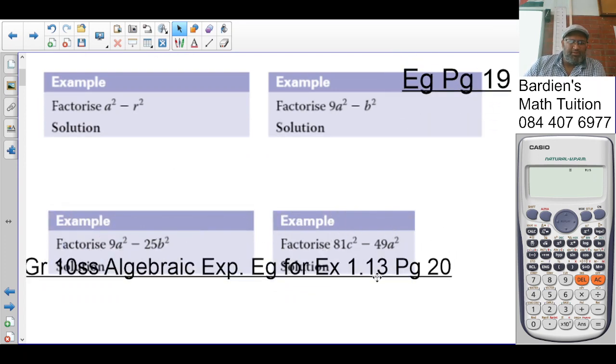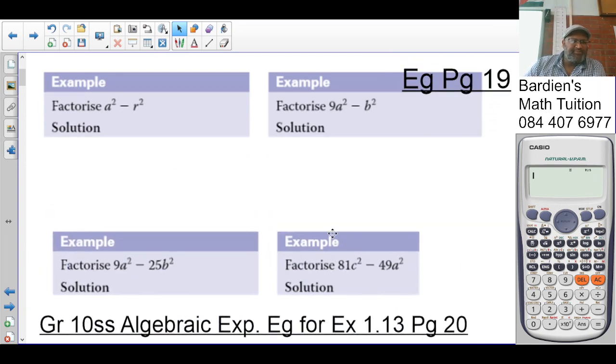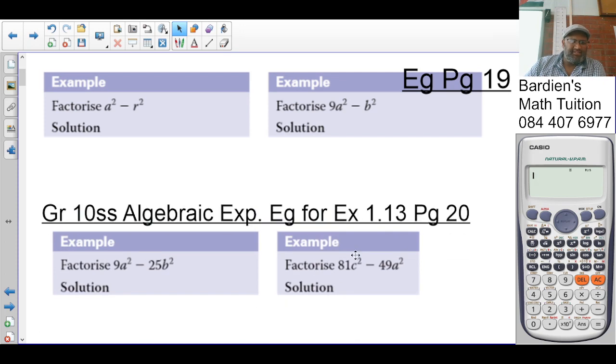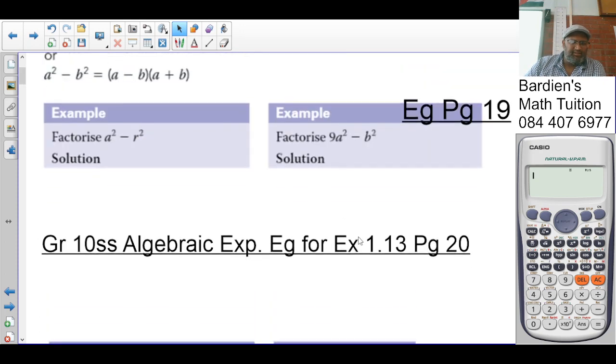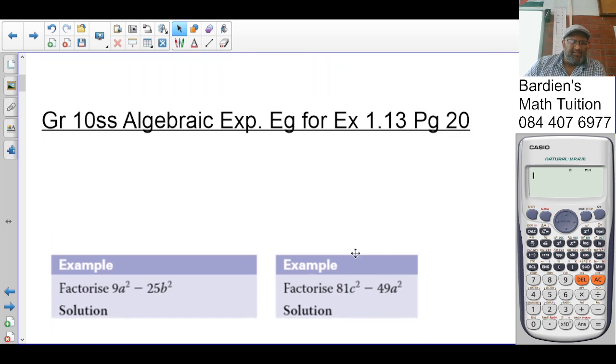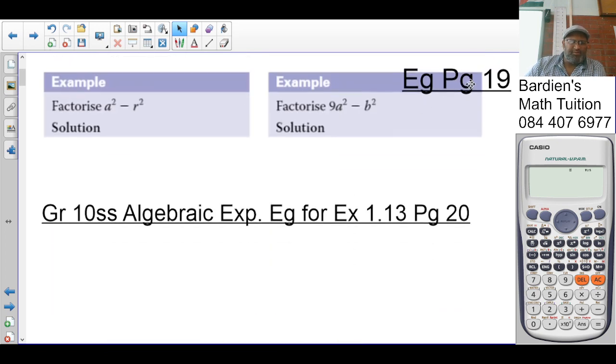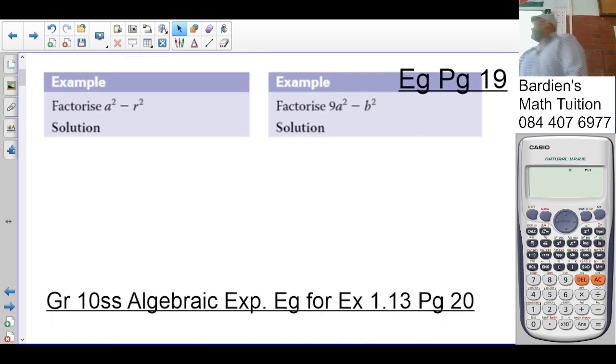So we're looking at the examples on page 19. The question says factorize. This is the factorization of the difference of two squares. So what do we need to know? We'll notice that on either side of the negative we have perfect squares. The square root of a squared is a, the square root of r squared is r.